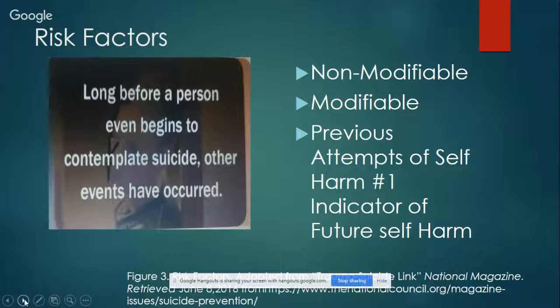Previous medical conditions such as a history of traumatic brain injury, terminal illness, HIV and AIDS, diagnosis of a major illness, having a chronic medical condition, and substance withdrawals. Previous attempts of self harm are the number one indicator of future self harm.